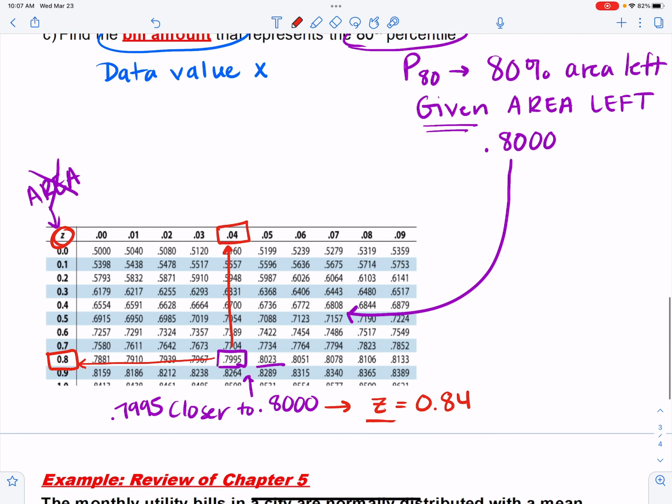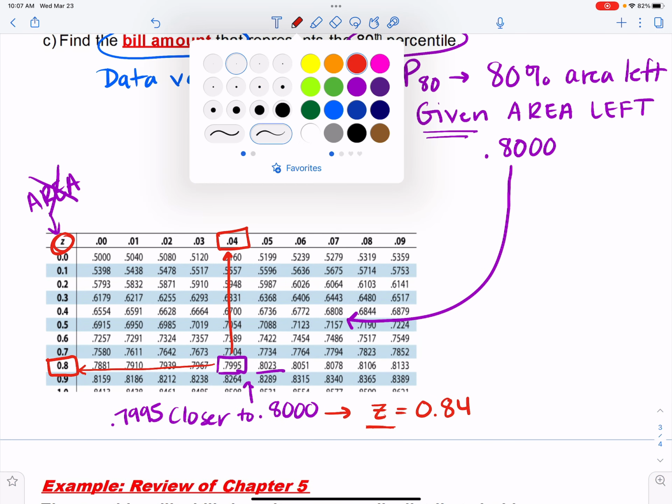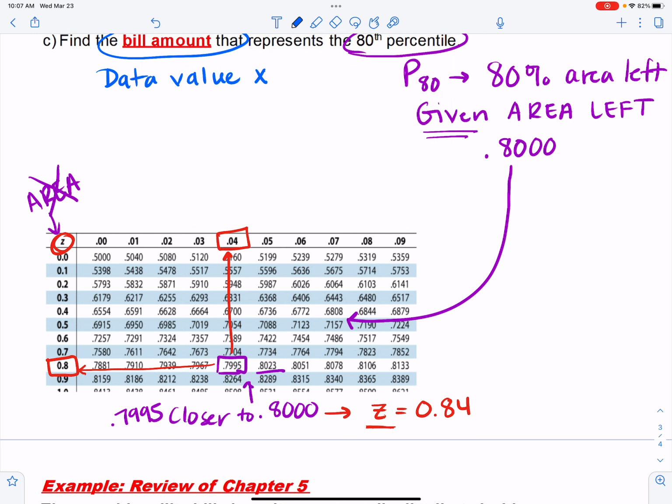If I'm asked for a data value, a bill amount, a height, a weight, a temperature, whatever it happens to be, then what I have to do from here is take that z-score and transform it back to the data value. And this is the formula that you use to do that.